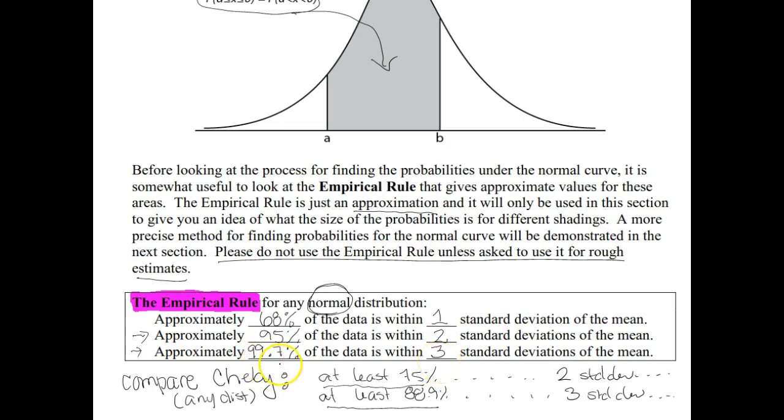But again, 99.7% is at least 88.9%, because at least 88.9 means between 88.9% and 100%. And so 99.7% is in there. So if we know we have a normal curve, it would be better to use the empirical rule for these approximations than Chebby, because it gives more precise approximations, because Chebby's flexibility is that it can be used for any distribution.